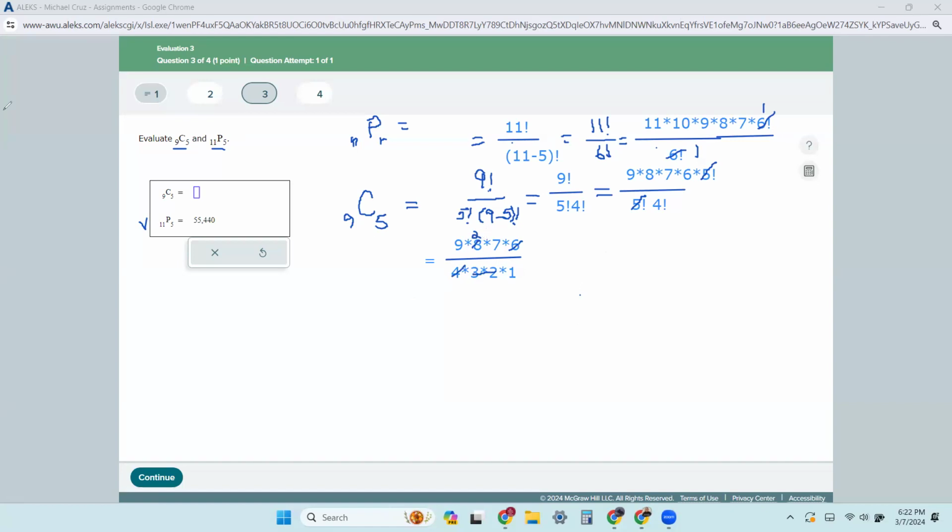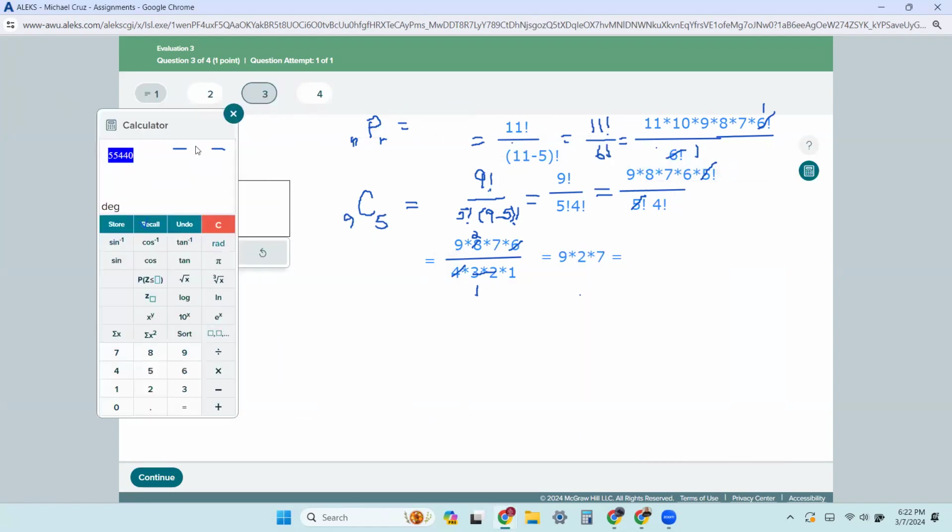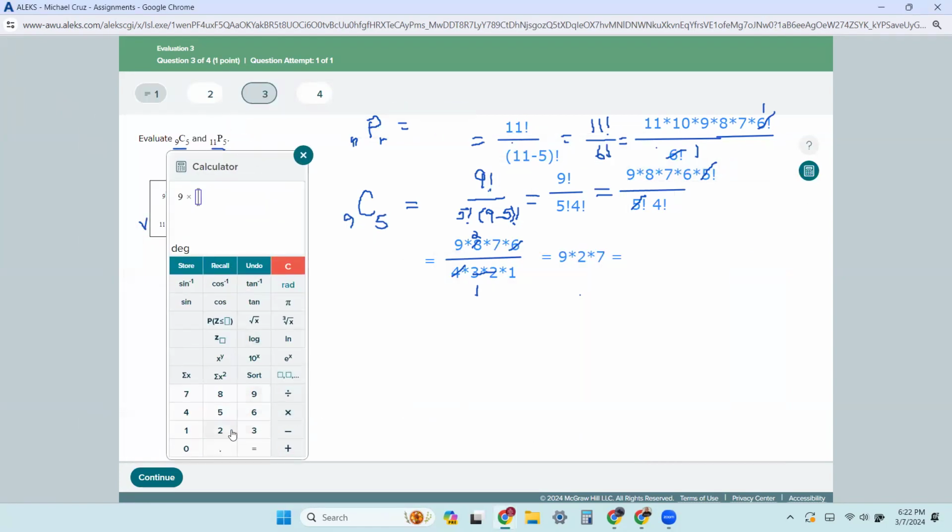So what we're left with is then, because everything down here is now 1, this is 9 times 2 times 7. And what is that? So this is 126. Yep.